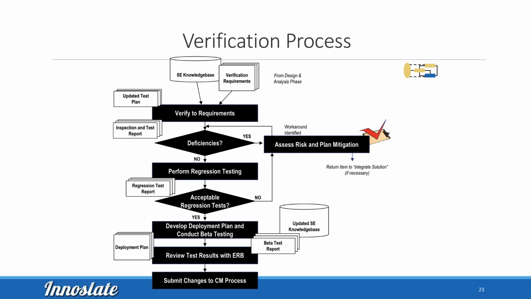It's funny, we call it regression testing in software. There is the hardware equivalent of regression testing, really. You're always trying to see more and more what works, what doesn't work, how does it fail. And of course, then coming up with deployment plans, any beta testing, and reviewing the results with your engineering review board as well. So that's just the overall process.